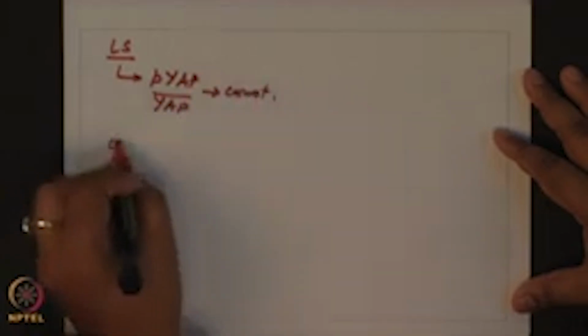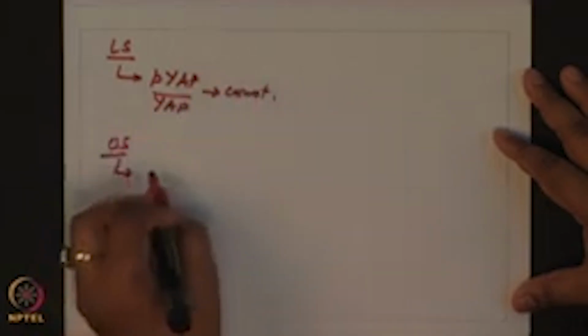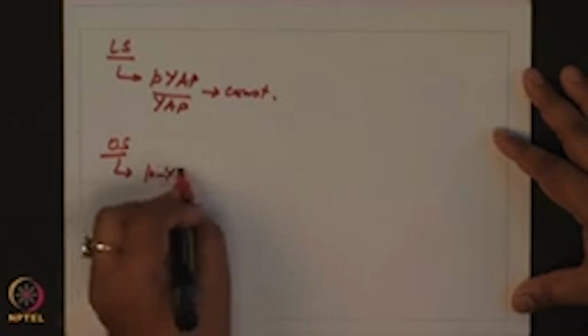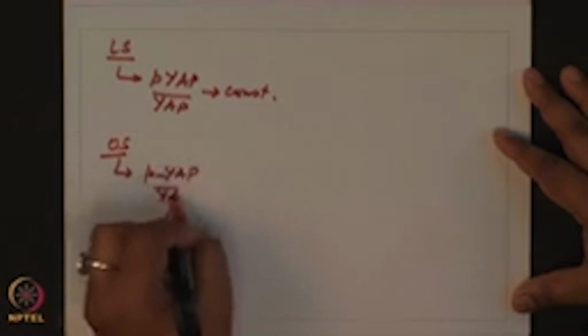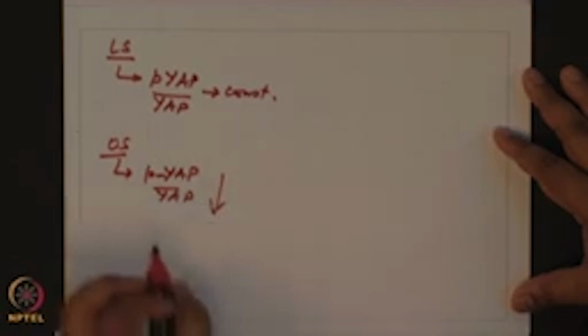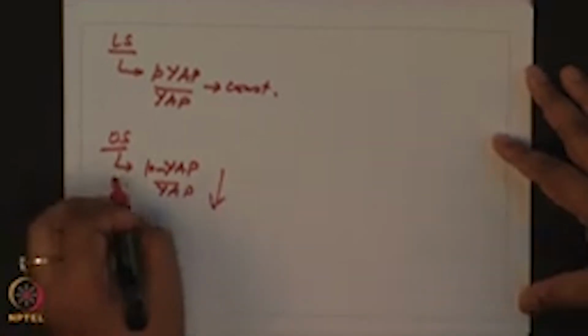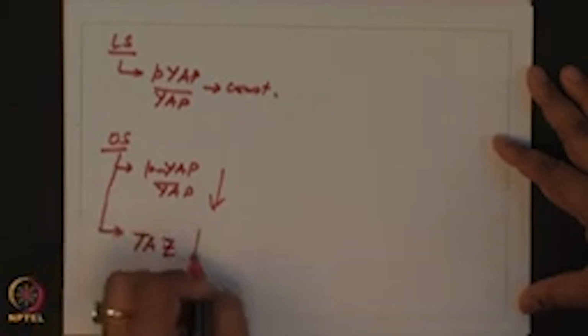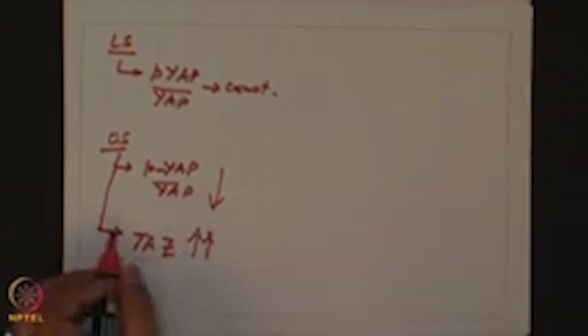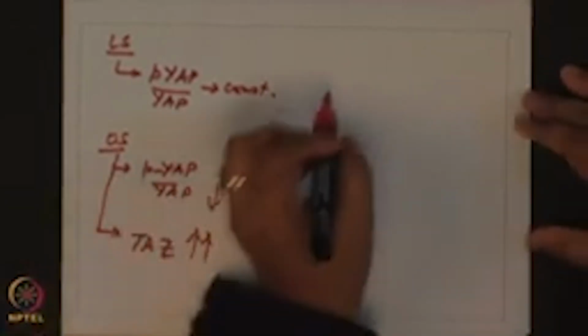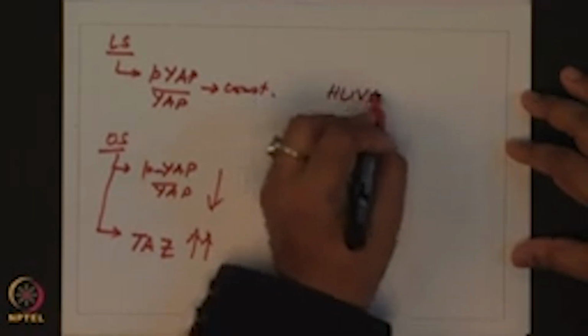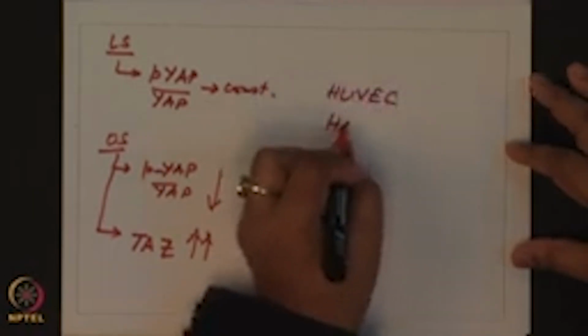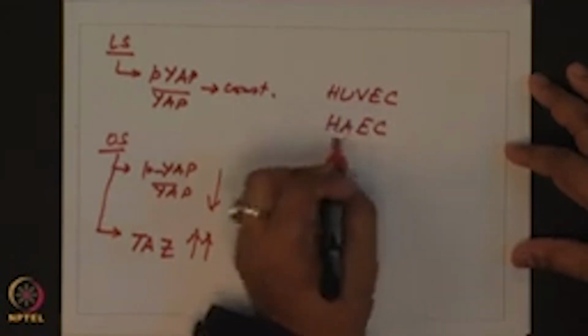but under oscillatory shear stress this decreased, phospho-YAP to total YAP decreased, and under these conditions the expression profile of TAZ increased. So, this they observed not only in UV cells, but also in aortic endothelial cells.